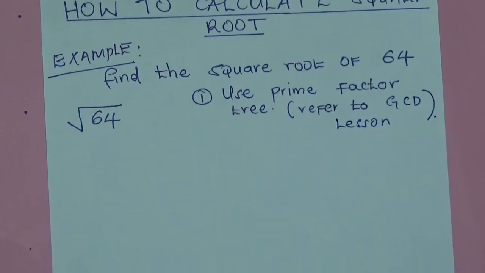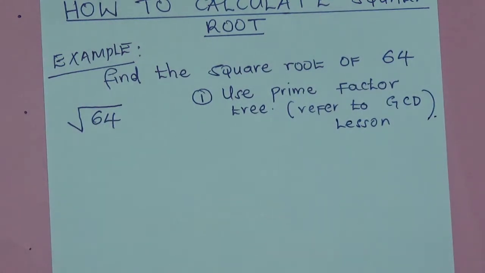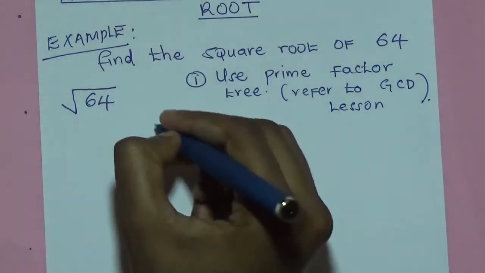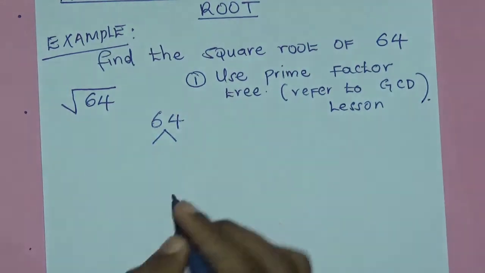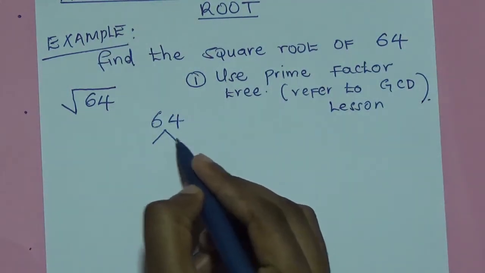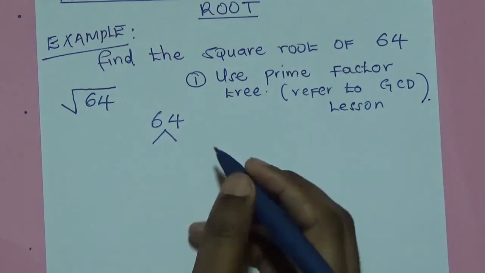Now, let us find the prime factors of 64. You have 64. When you are finding the prime factors, you start with the lowest prime number, and the lowest prime number is 2.